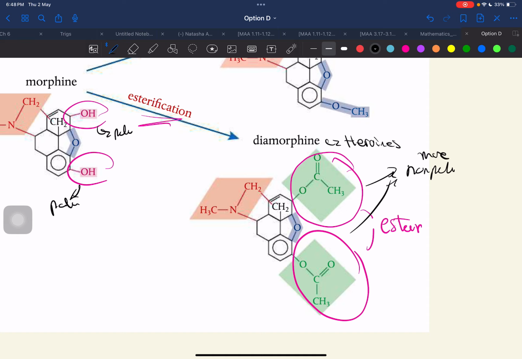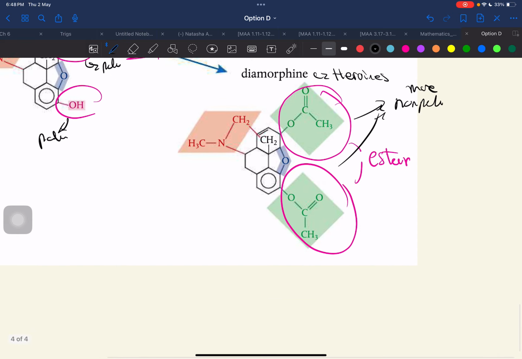And because they're more nonpolar, the diamorphine can cross the blood-brain barrier, and in the blood-brain barrier we can see that there are lipids. So as it is more nonpolar, it can cross that nonpolar lipid region of the blood-brain barrier and move into the brain.